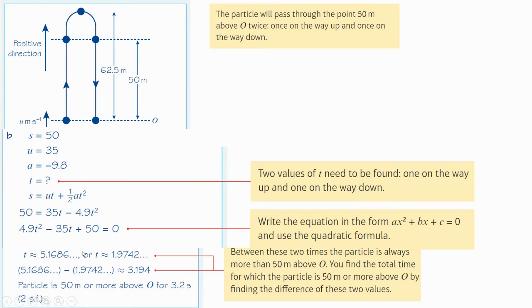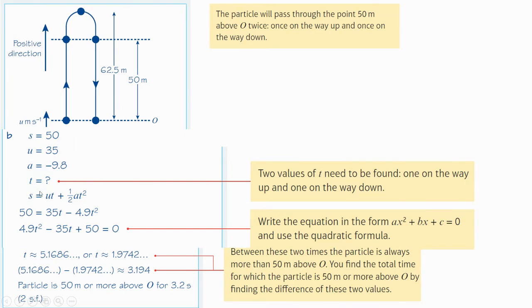Now, they're both right. You're going to get one which is 5 point something and one which is 1 point something. Now, if we think about it logically, we're starting here at 35, and then it'll get to the 50 meter mark here after 1.9 seconds, and also here at 5.2 seconds.